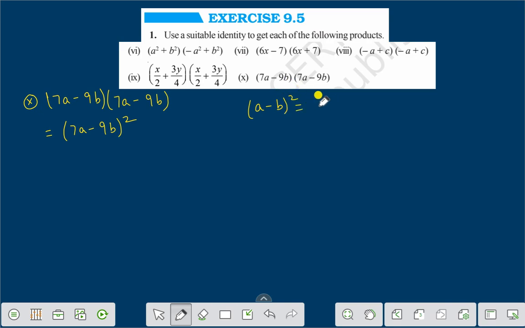whole square is equal to a square minus 2ab plus b square. Therefore we are getting here as 7a whole square minus 2, a is 7a and b is 9b, plus b square is 9b whole square.